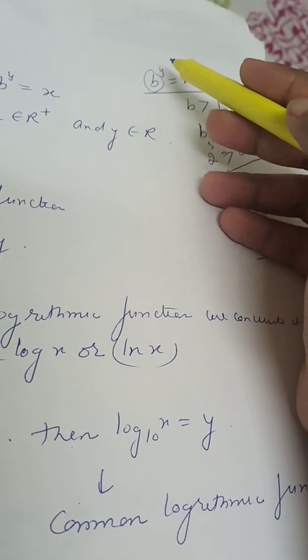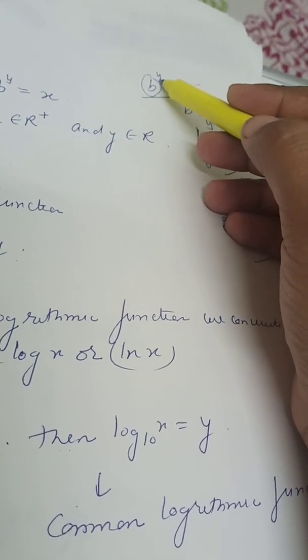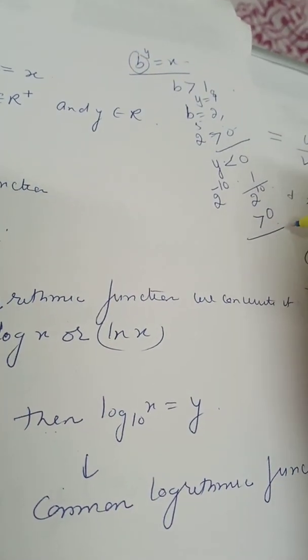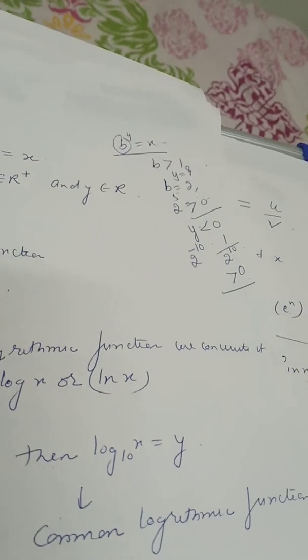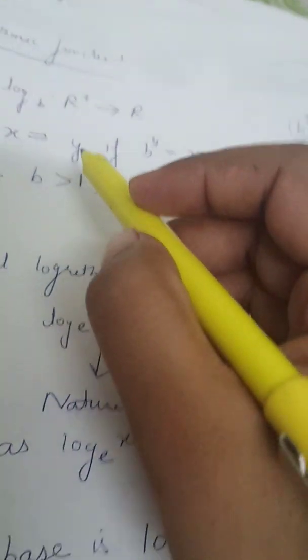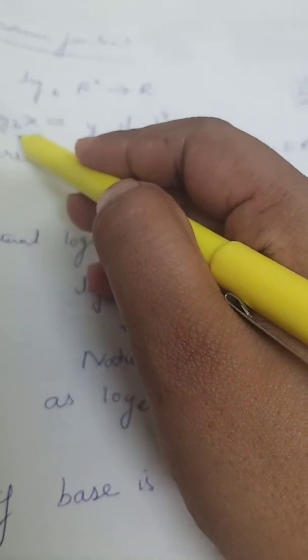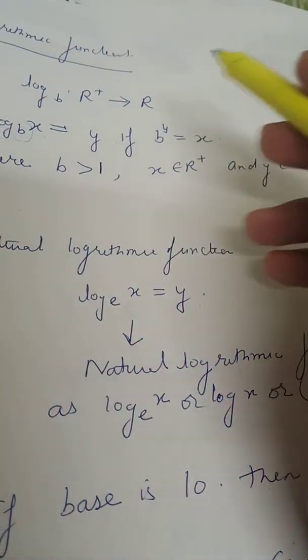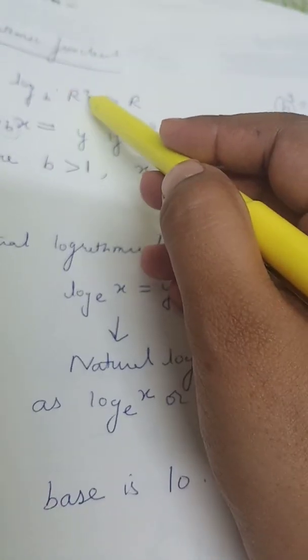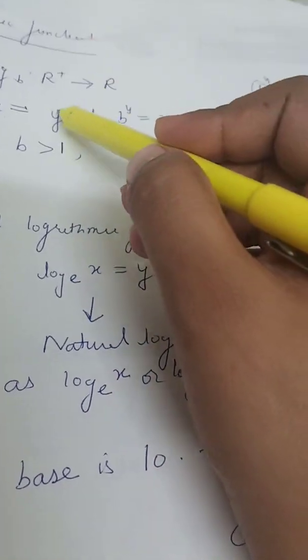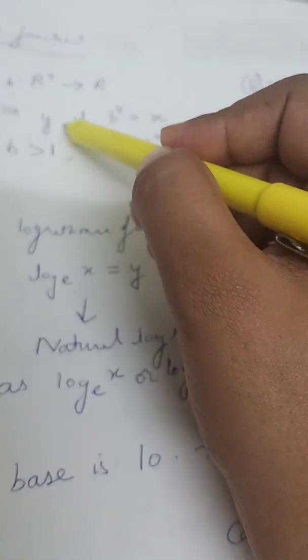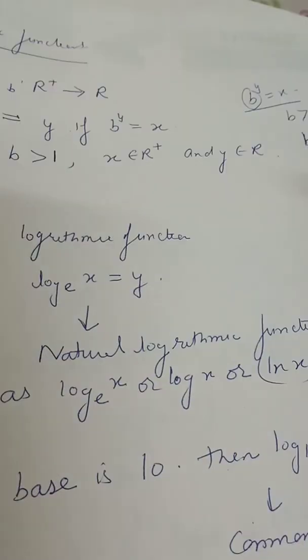So that's why the exponential function is always positive, never negative. Now here we take b always greater than 1, and x belongs to R positive, and y is any real number. It may be negative, it may be positive.